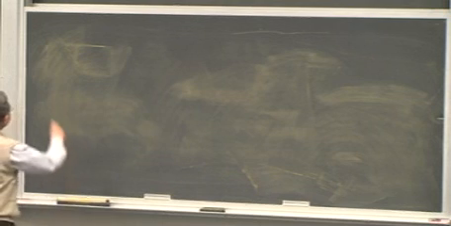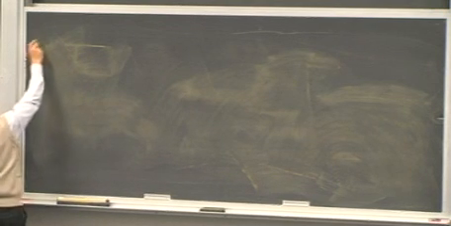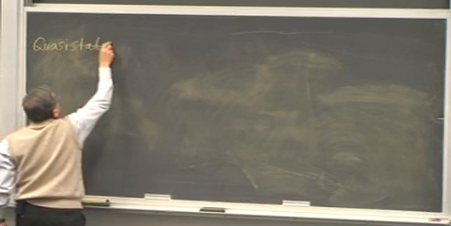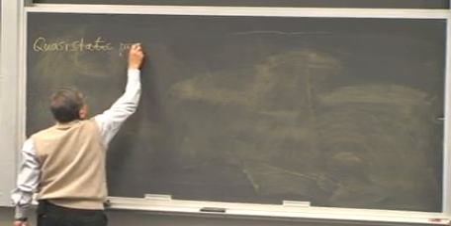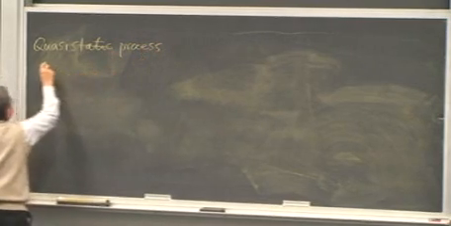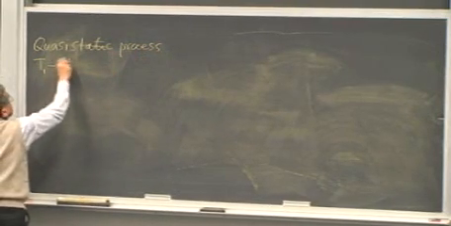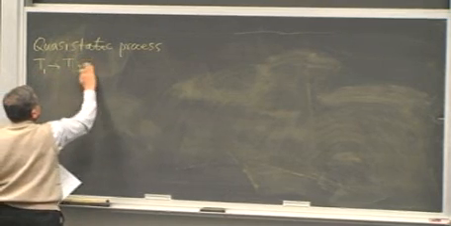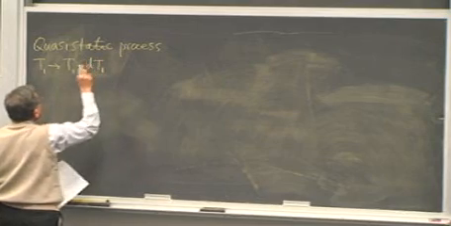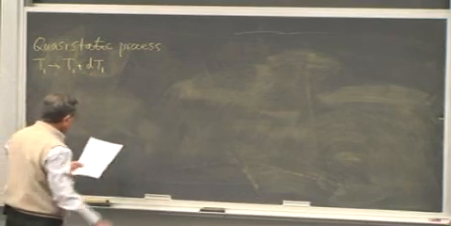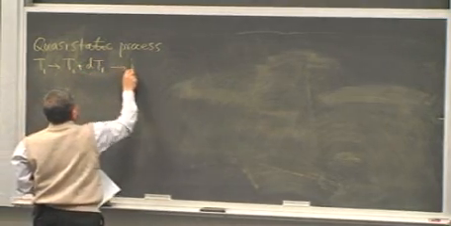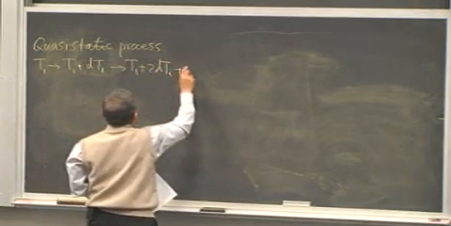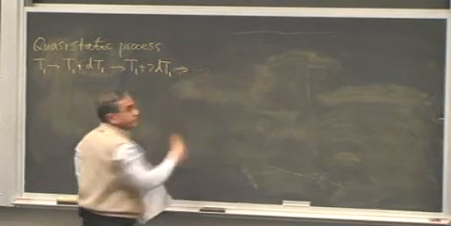So we will say that the quasi-static process that we are thinking of is one where the temperature T1 goes to T1 plus a slight change, call it dT1, and then it goes to T1 plus twice dT1, and so on.